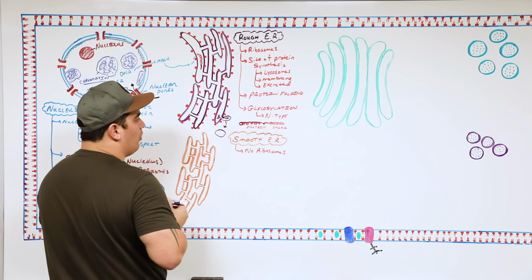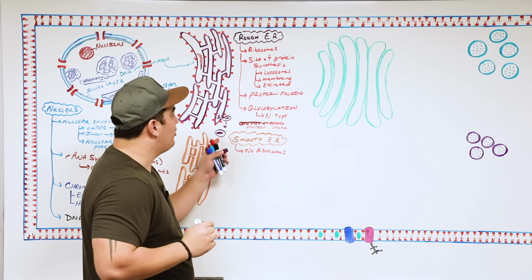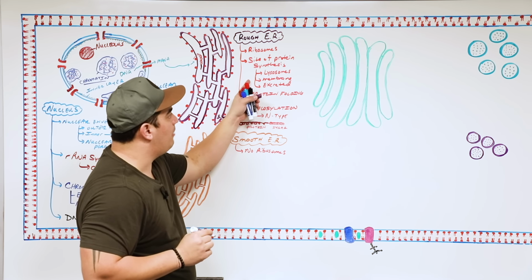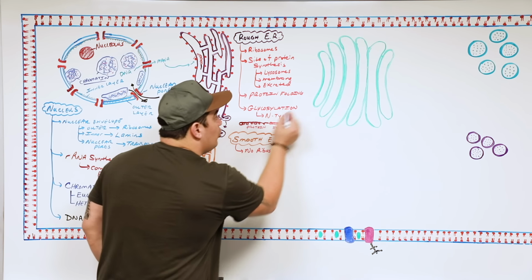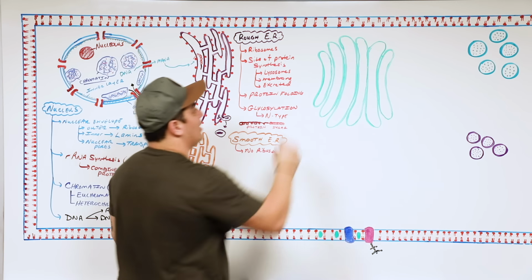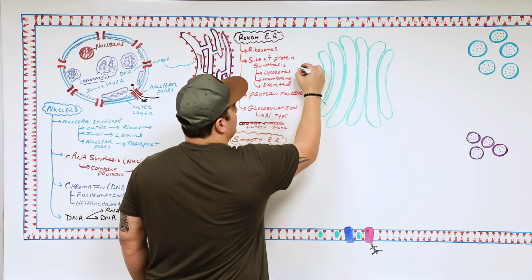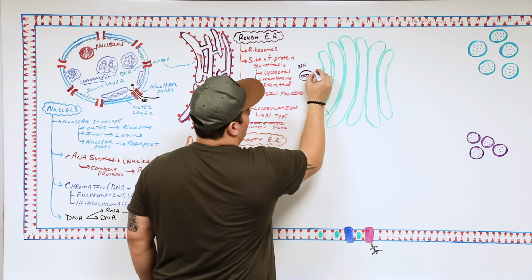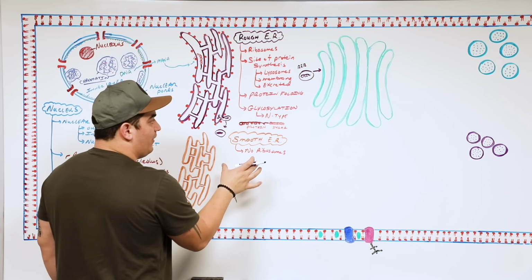And then I have a vesicle, and within that vesicle is going to be my protein. What protein will it become? A lysosomal protein, a membrane protein, or an excreted protein. But in order for that to happen, I have to move this towards the next organelle, which will be the Golgi apparatus. We'll get to that one in a second, but here's that protein coming from the rough endoplasmic reticulum and moving towards the Golgi. So now we know all the functions of the rough ER.